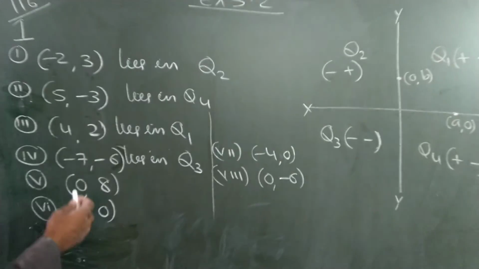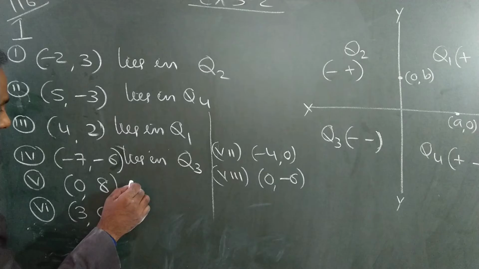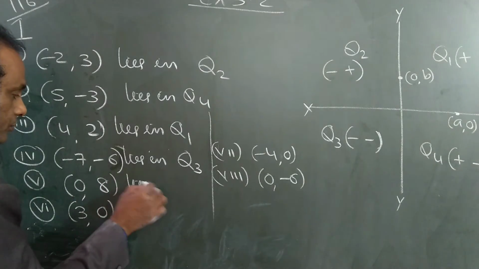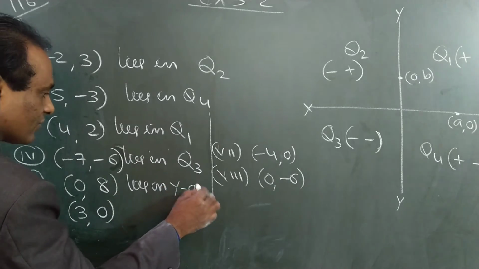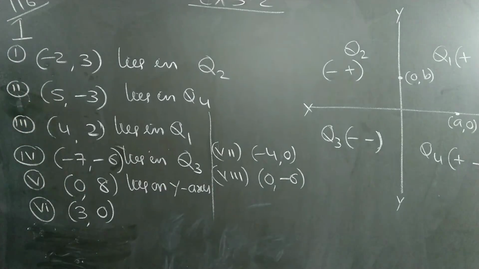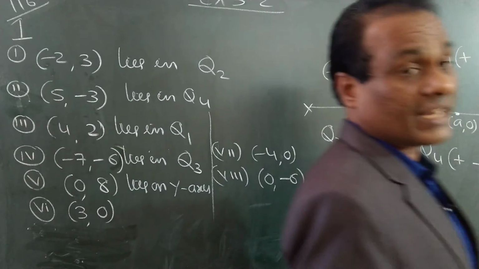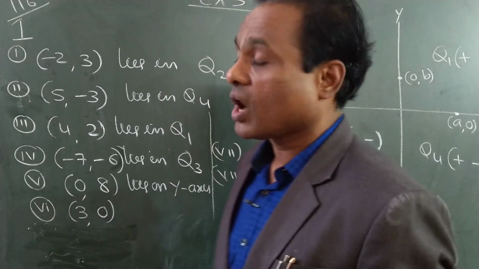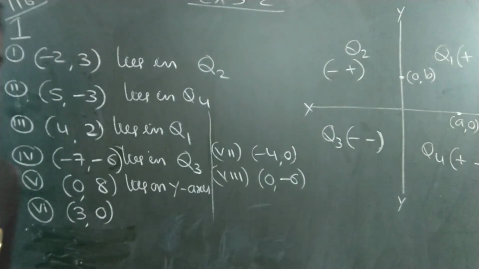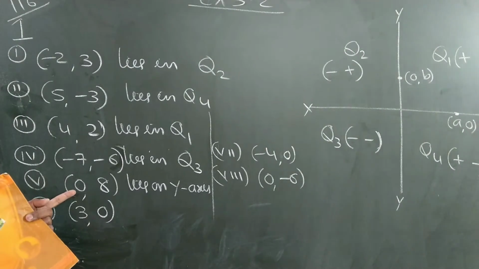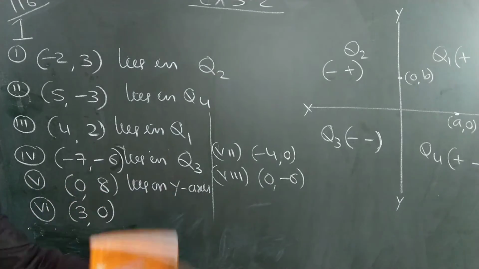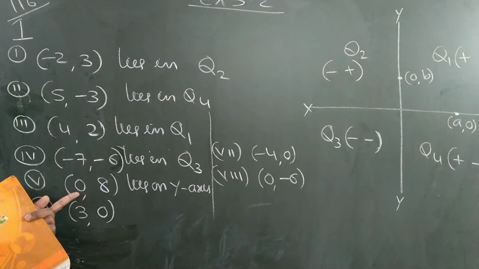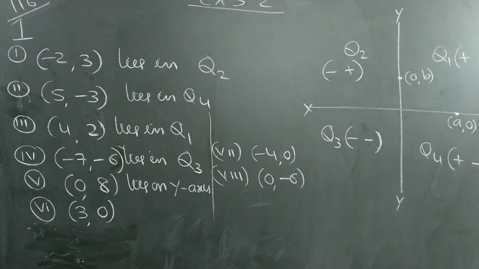Write down: here x value 0 lies on y-axis. Here x coordinate, or abscissa, is 0. Therefore lies on y-axis.